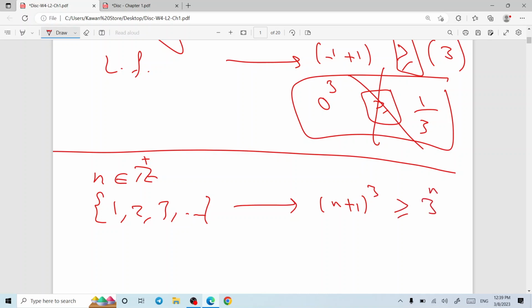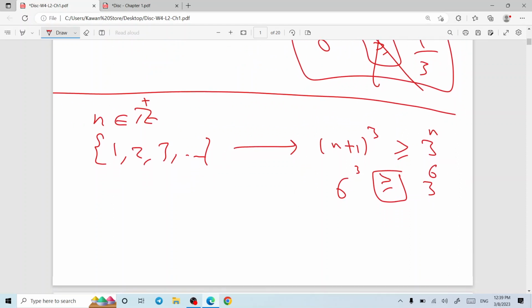That one is also true. Really? How about 5? If I put 5, I'll get 6 to power 3. I'm going to check whether that one is true or not.